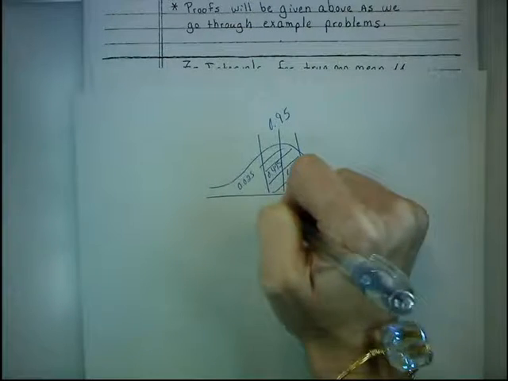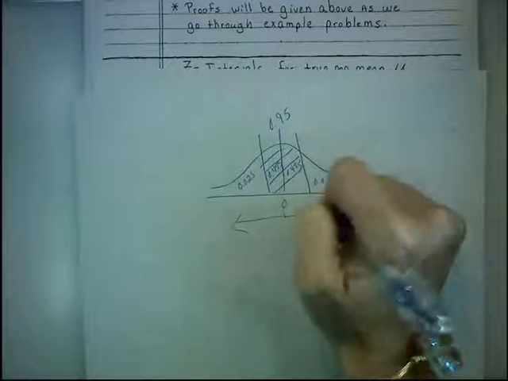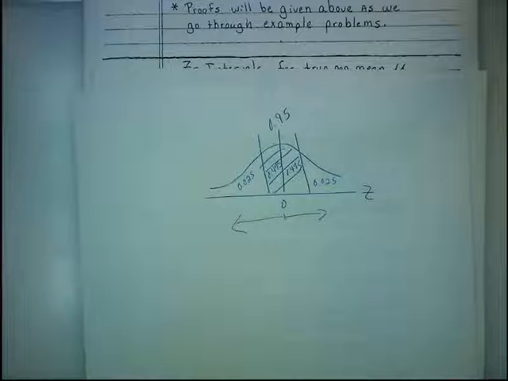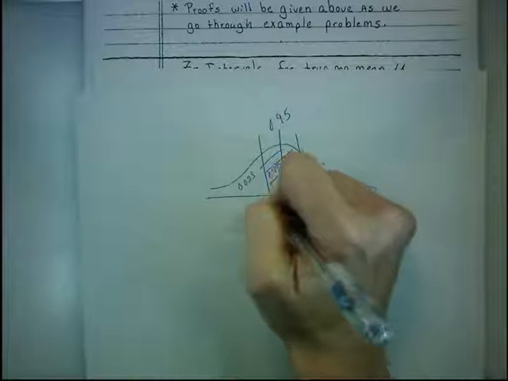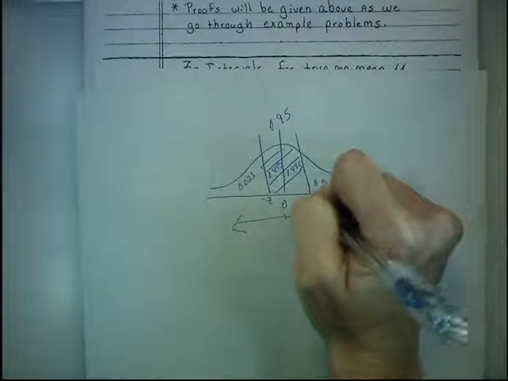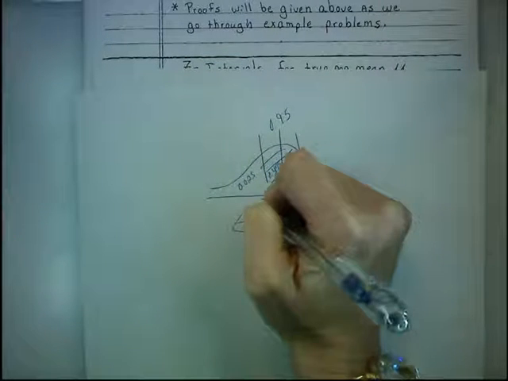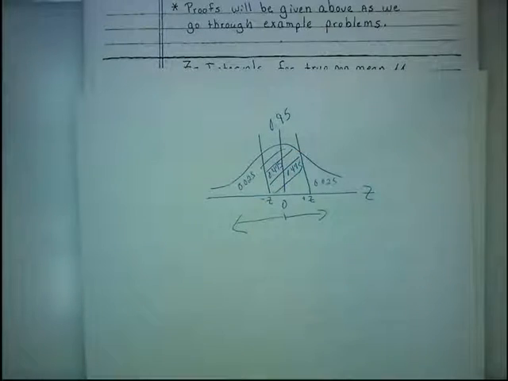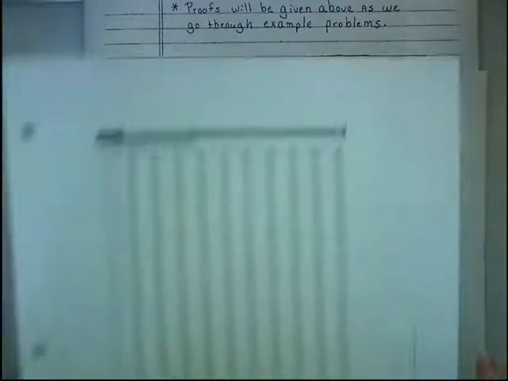So the area below 0 is 0.5 and the area above 0 is 0.5. The total area under the standard normal curve is 1. To go to your 2-page Z table, you would look up an area of 0.025 because you have this negative unknown Z and this positive unknown Z. The area below the negative unknown Z is 0.025.